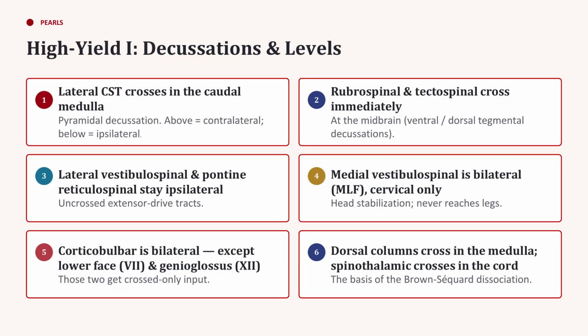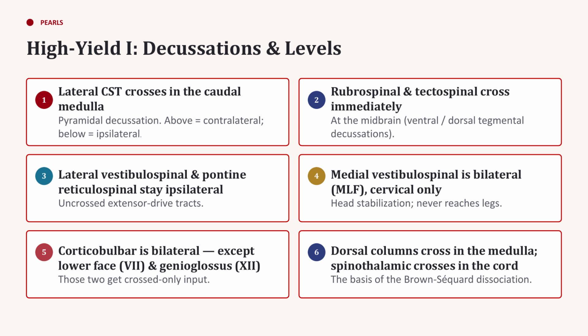Let us compress the anatomy into the handful of facts that generate the most board questions. First and most important, the lateral corticospinal tract crosses in the caudal medulla at the pyramidal decussation, which gives you the contralateral above, ipsilateral below rule. The rubrospinal and tectospinal tracts cross immediately at the midbrain. The lateral vestibulospinal and pontine reticulospinal tracts stay uncrossed and drive extension.